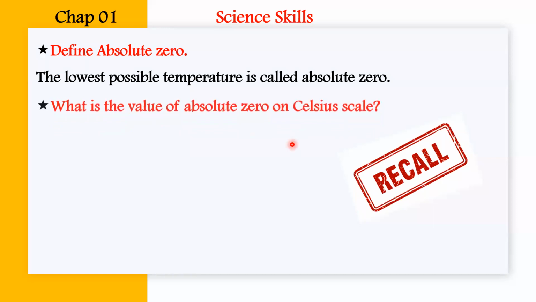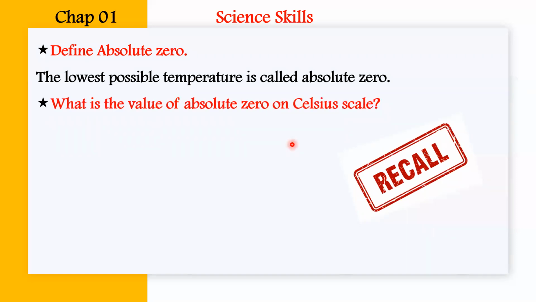Okay. And what is the value of absolute zero on the Celsius scale? This is a very easy question, and I will ask it from Jawad Naveed. Come on, Jawad, hurry up.